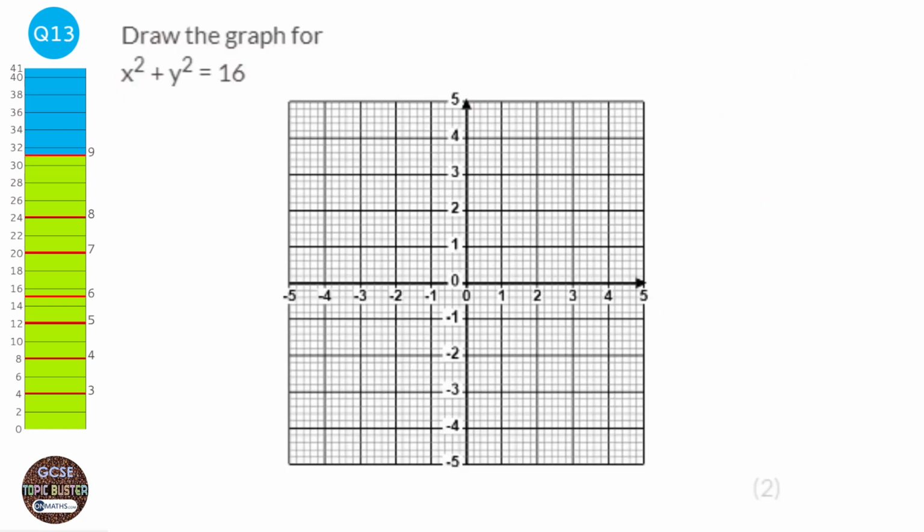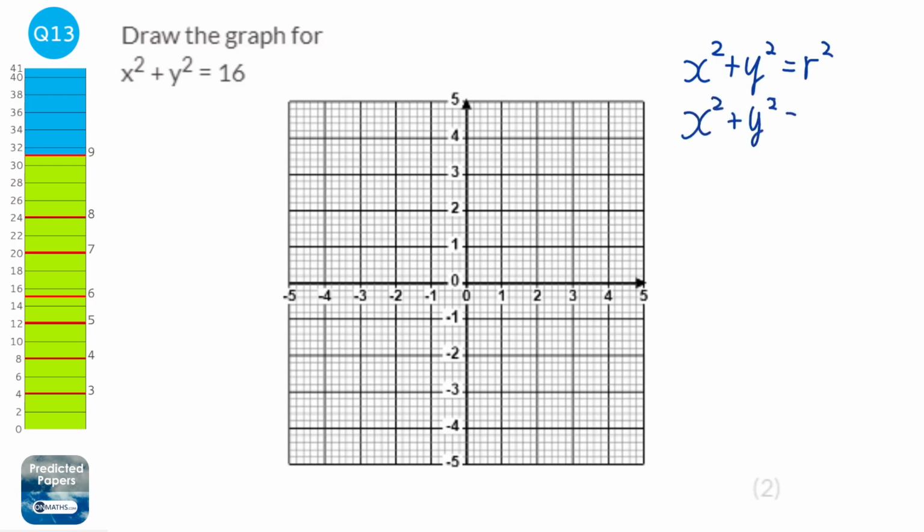This question relies on the fact that you know what the equation of a circle is. And the equation of a circle is x squared plus y squared equals r squared. Now r is the radius of the circle. So when I rewrite this, and I write it with our 16 there, we can actually rewrite 16 as 4 squared.